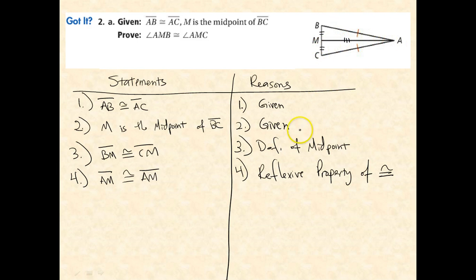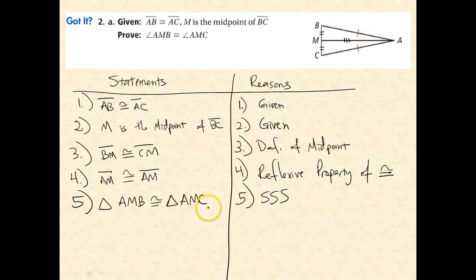Well, now what do I have? I have side, side, side postulate. So that tells me that triangle AMB is congruent to triangle AMC by side, side, side postulate.